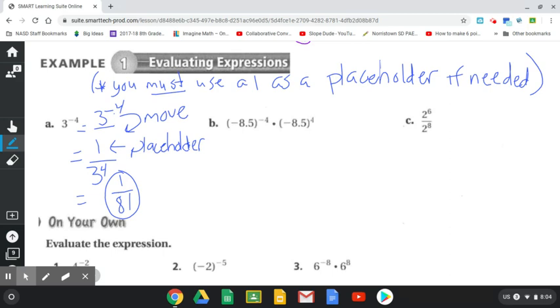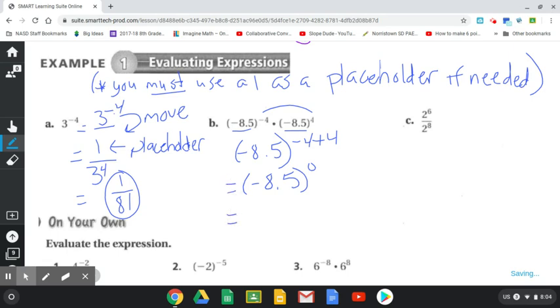So let's look at the second one. We're going to use our rules for power of powers, right? So if we have the same base, which we do here, so I have a negative 8.5, we're going to keep that base. We're going to take these two exponents and add them. So I have negative 4 plus a positive 4. Uh-oh. We all know that when we have opposite numbers, it gives us 0.